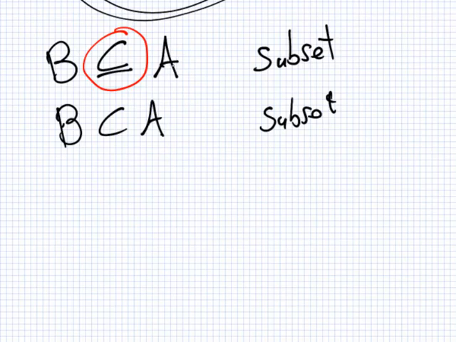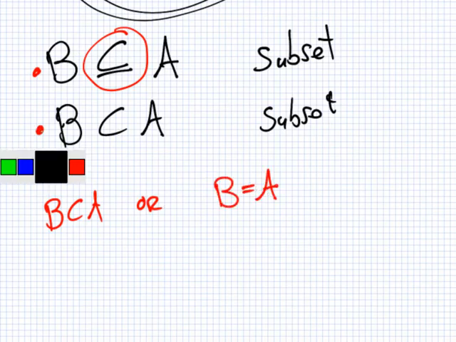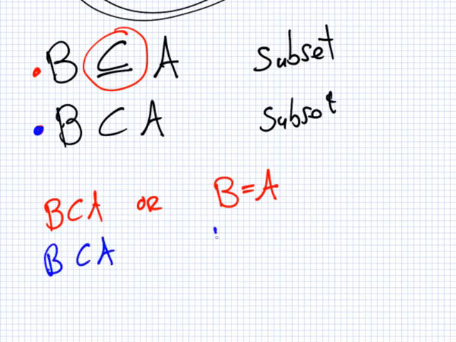No, give up. So the difference here is, in this one, you're saying that B could be a subset, or it's possible that B actually is the same as A. Whereas in this one here, you're saying that B must be smaller than A, and you're making it clear that B can't be the same as A.